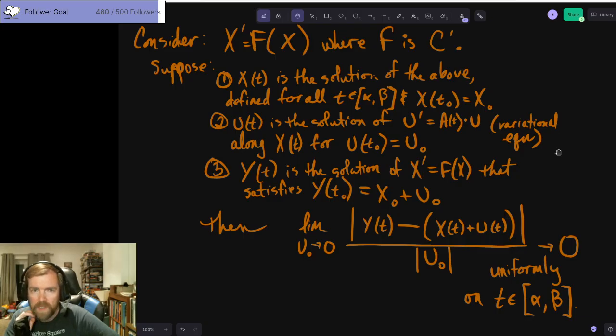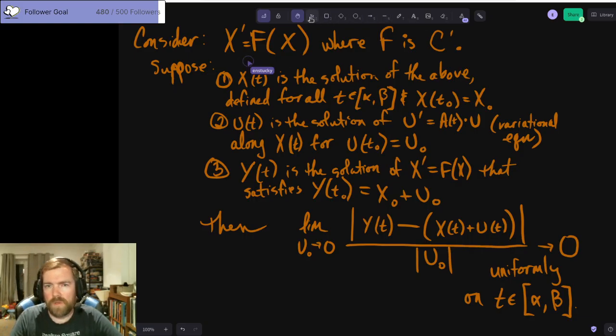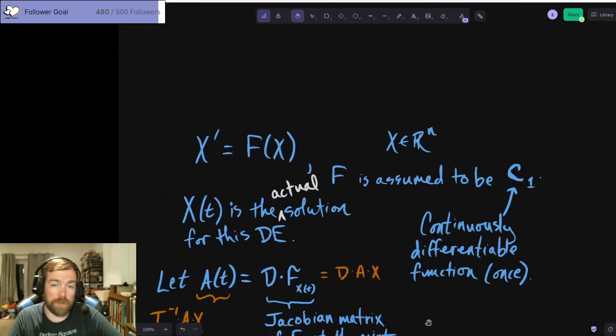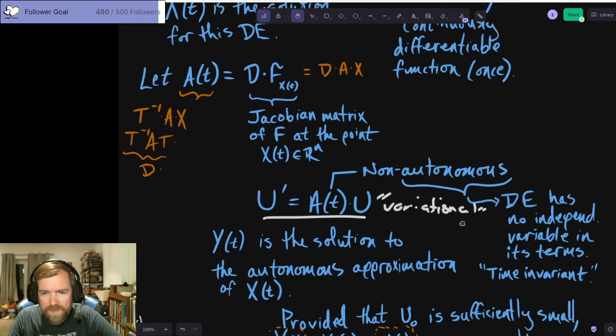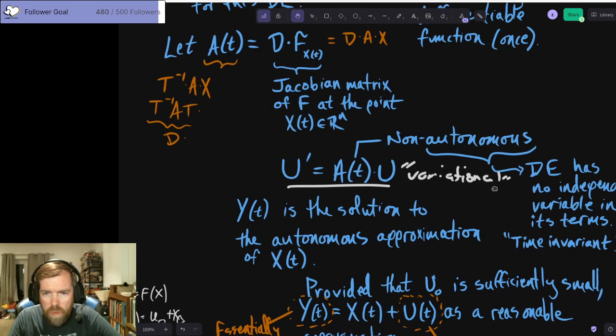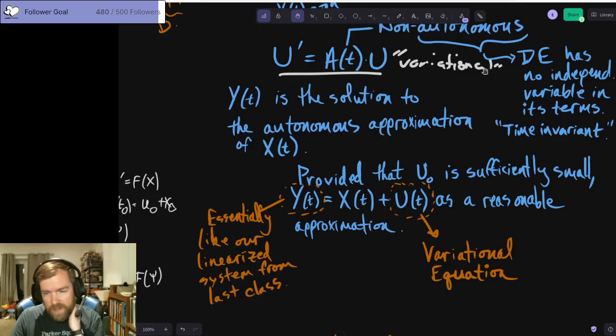So x is the true solution, which is likely going to be non-autonomous. Sorry, x is the solution to the non-autonomous system, so there's a t dependence in here.